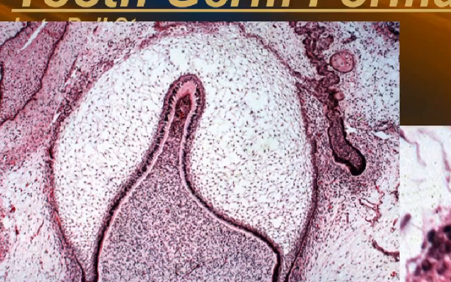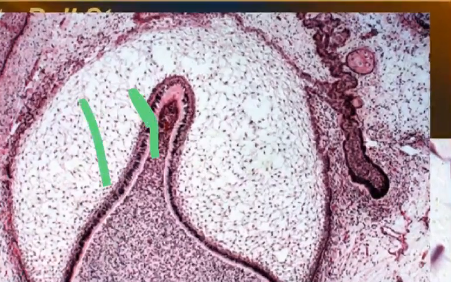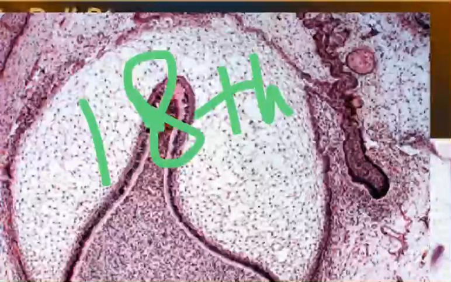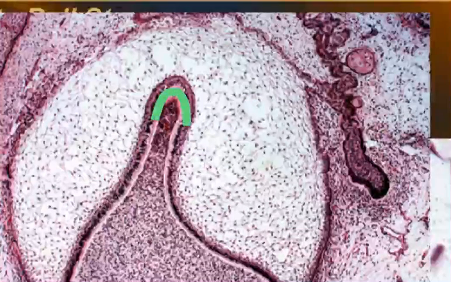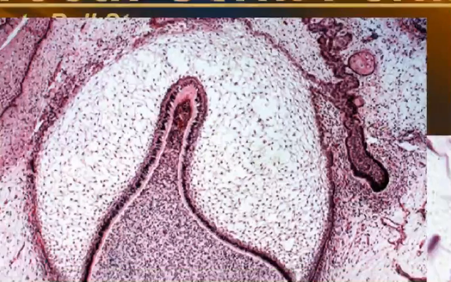It was secreted as predentine, then quickly mineralized into dentine. So this is at the initiation of the late bell stage, which will correspond to week 18, because it's only dentine. We cannot identify enamel yet.